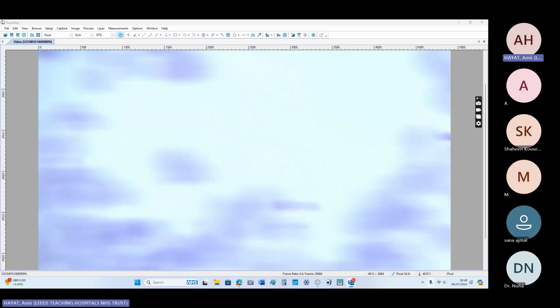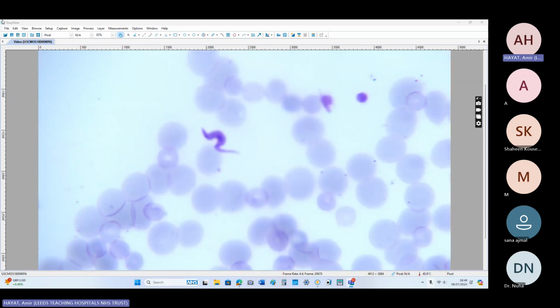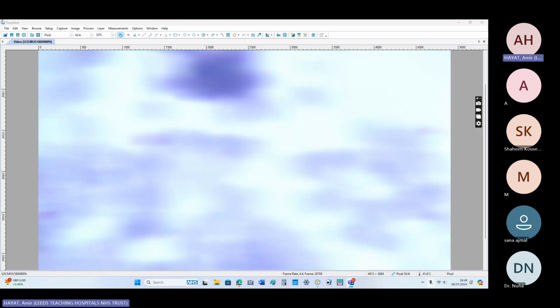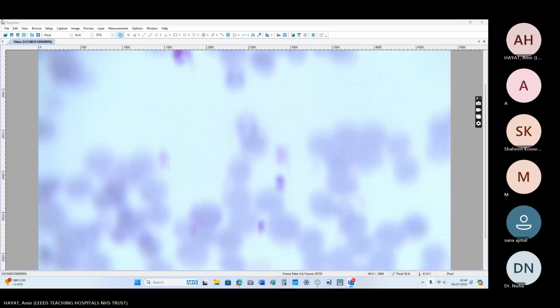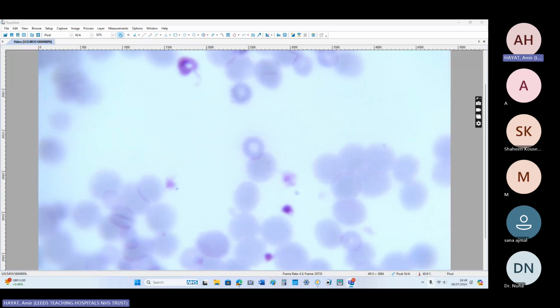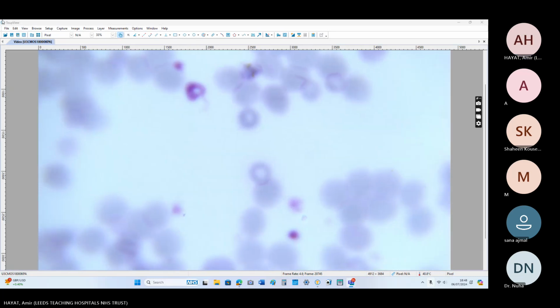But in the exam, you have to struggle. Remember that, because in our exam, our blood film has only one parasite, and we have to search for that for 2 minutes.